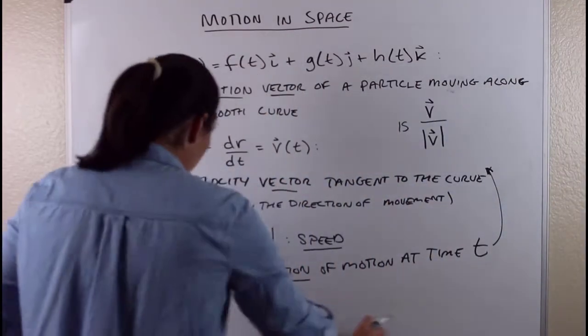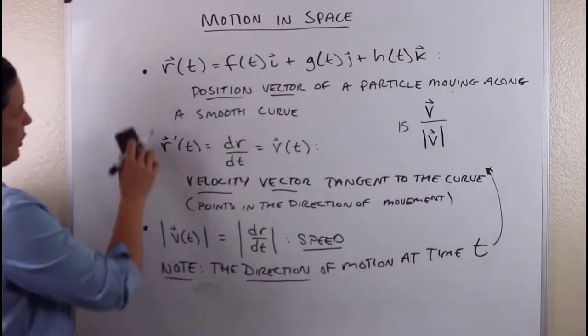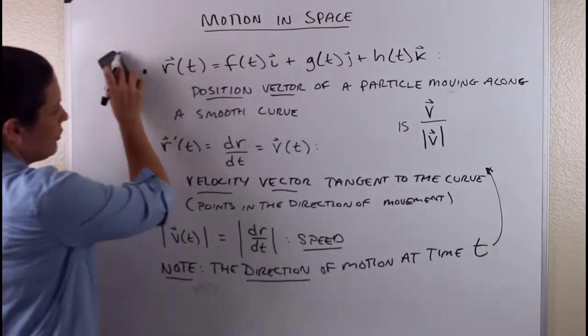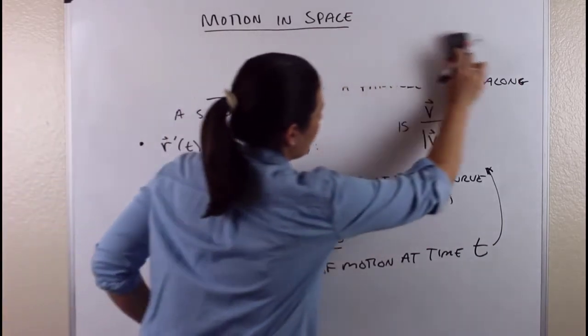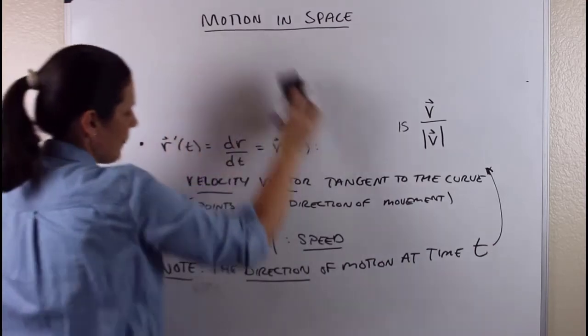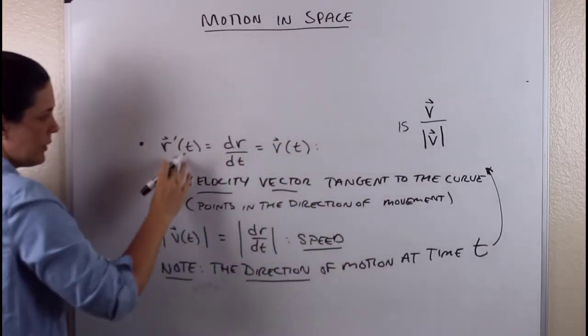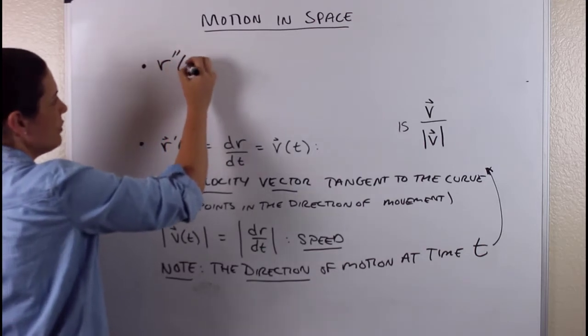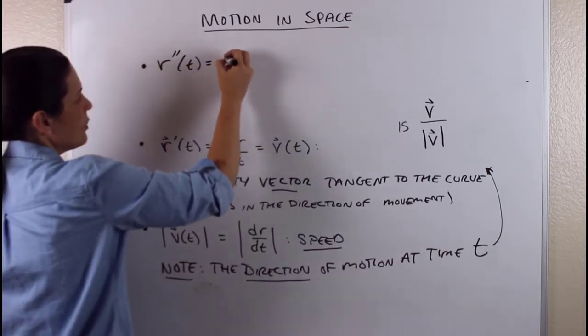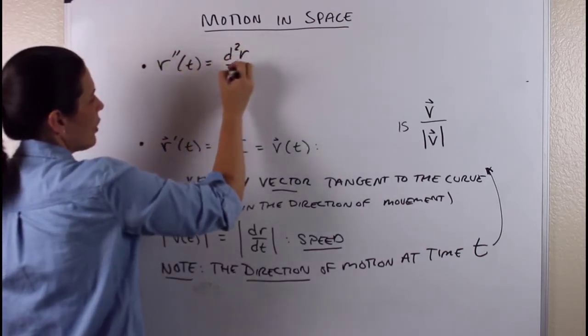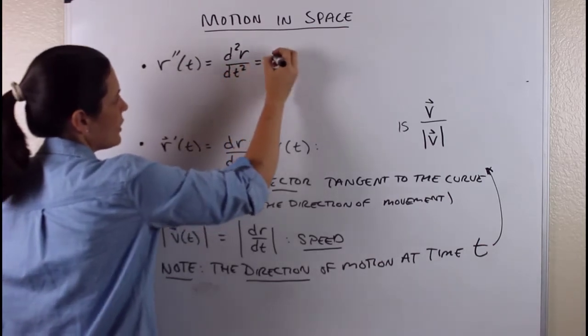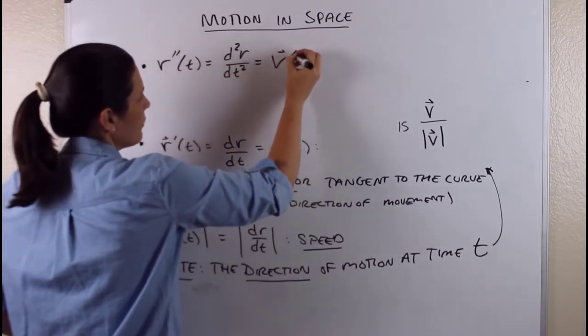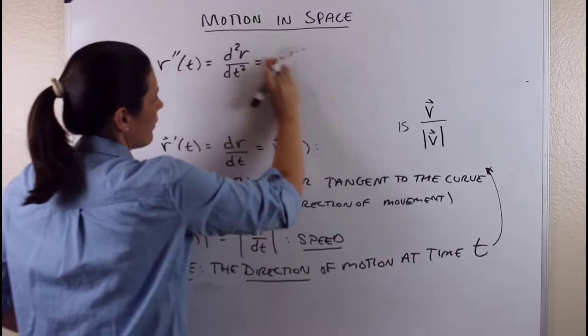Okay, now what if I take one more derivative? So my position vector was r of t. I'm just going to move this out of the way really quick so I have some space. My derivative of the position was velocity, and if I take the second derivative, some of you know what that is. So second derivative of r with respect to t, which is the derivative of the velocity. Let's just take off that vector notation.